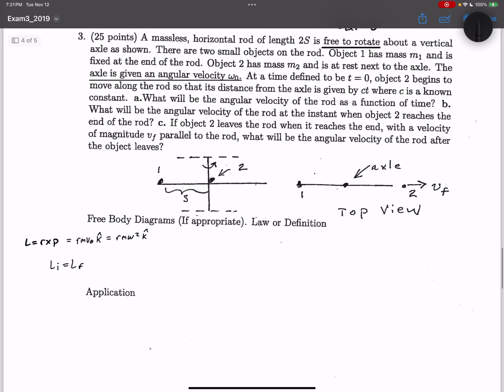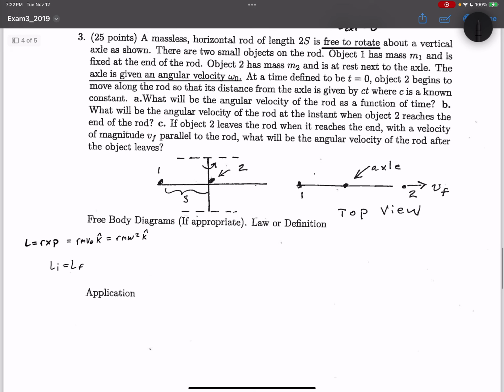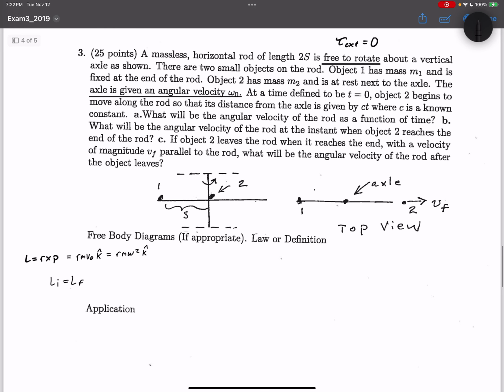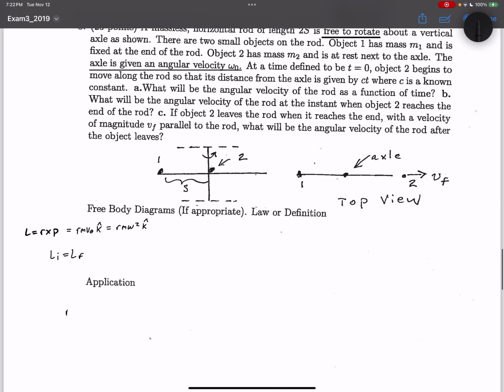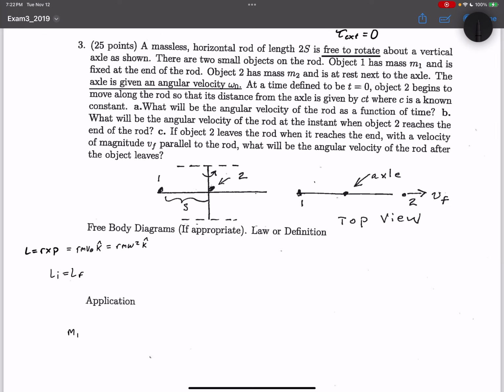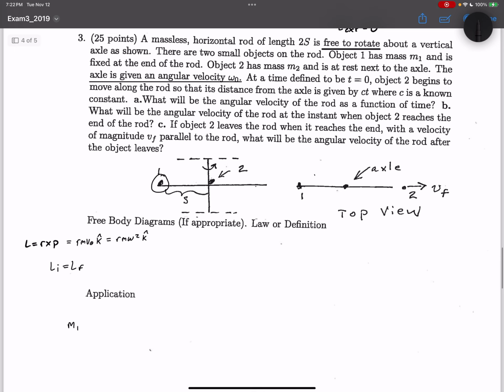First, we're not given an inertia, so we just have that mass m1, the first mass on the end here, is going to have an angular momentum of m1 s squared omega naught, since it's a distance s away from the center.